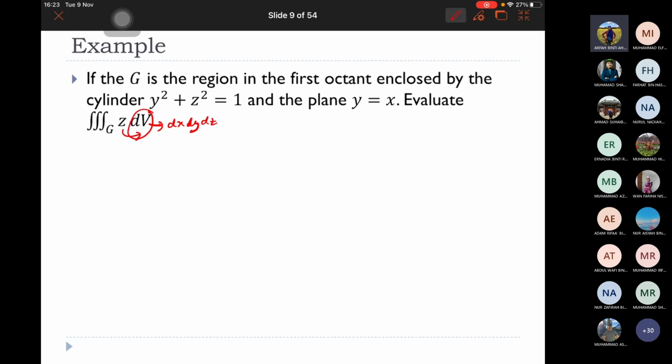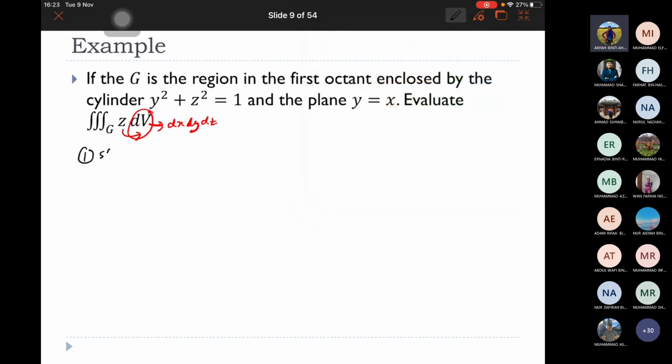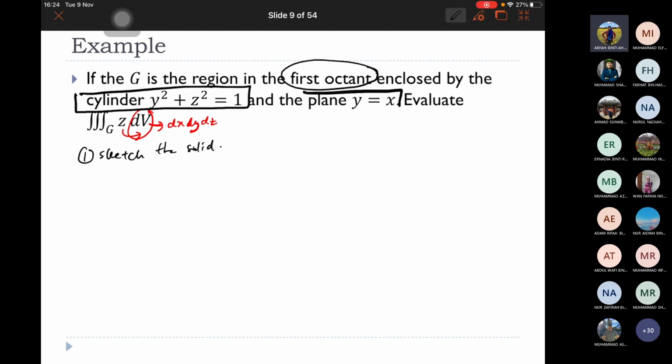Okay, dia punya integration. First thing first, you have to sketch the solid untuk kita tahu dia punya bentuk. Okay, so kalau tengok dia bagi equation in the first octant. So ini information dia. Enclosed by the cylinder. So kita ada cylinder y squared tambah z squared sama dengan 1. And then awak ada plane y sama dengan x. Okay.